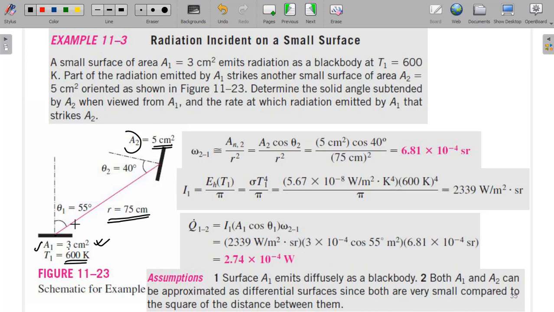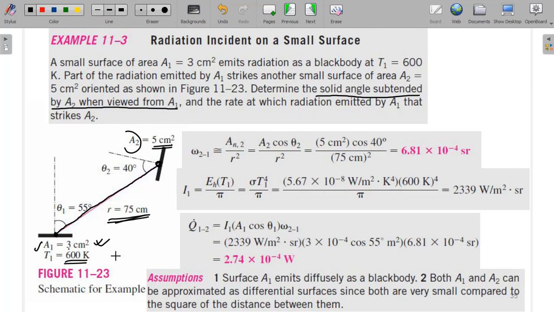Now what we have to find out is basically to determine the solid angle subtended by A2 when viewed from A1. Since we are considering these as small surfaces, let us consider this centroidal point and this centroidal point, and if you connect them, this is R, and that R value is known.